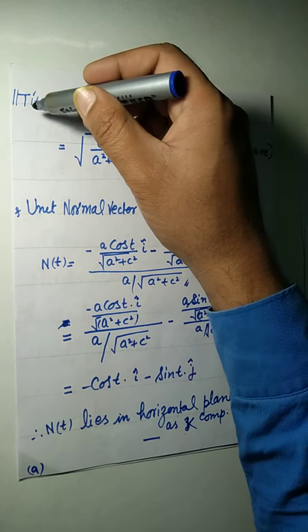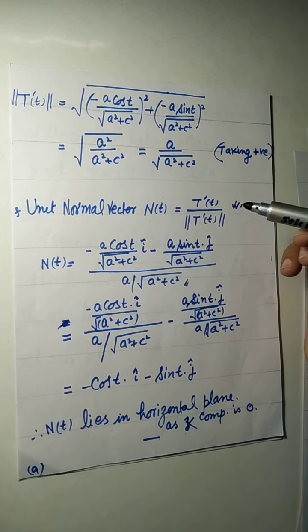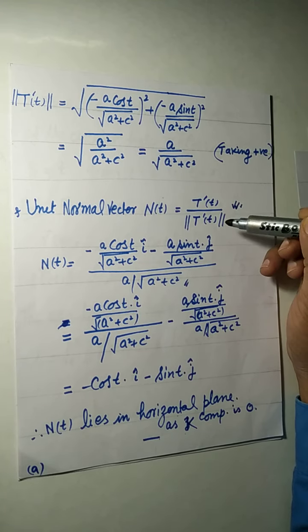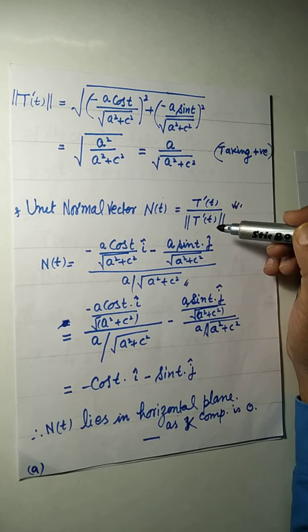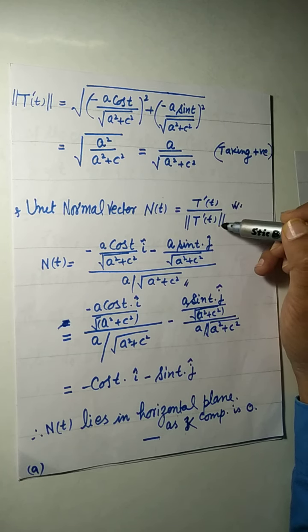Because this is a norm or length, we are taking the positive sign, and the unit normal vector will be given by this formula. We are using this formula directly in our practice questions: T dash t upon the norm of T dash t.